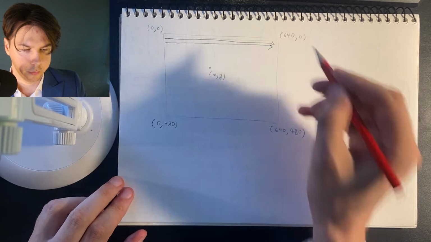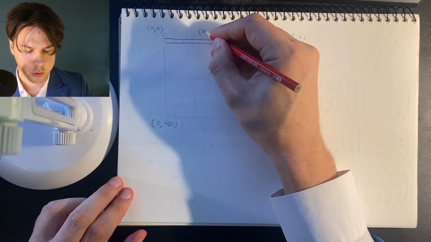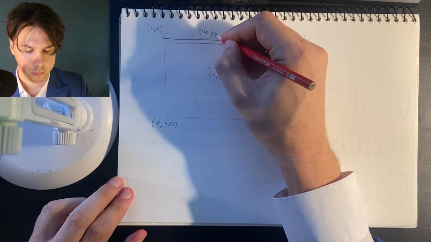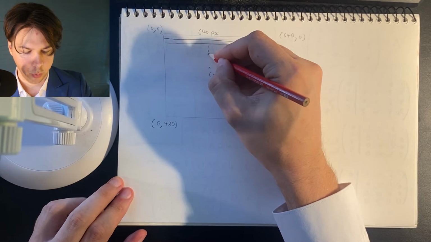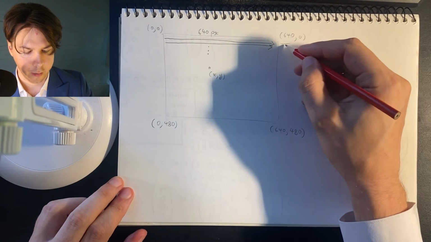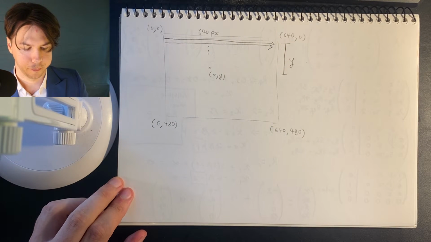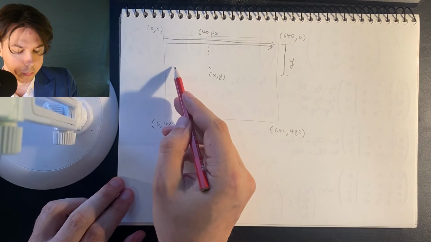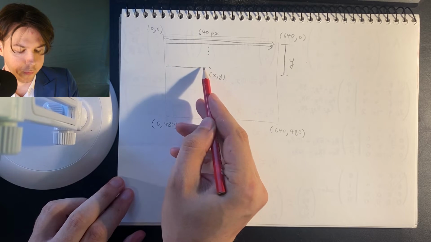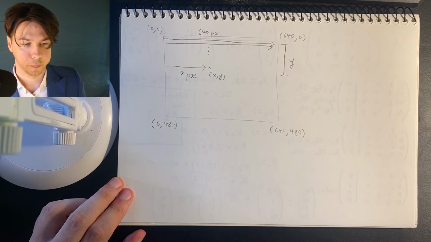Each of these lines is 640 pixels across. And how many lines are there? Well, we'll have to go down by y lines in order to get to the correct line.